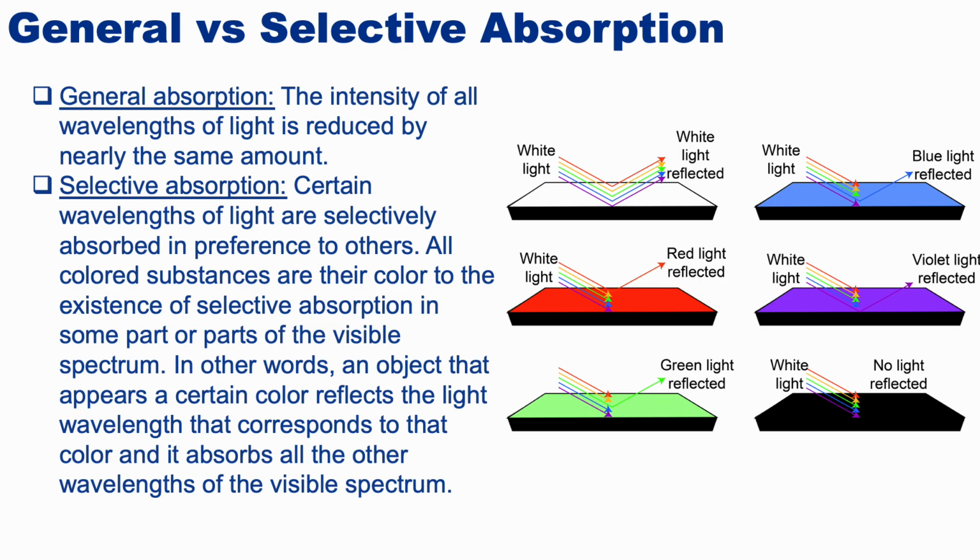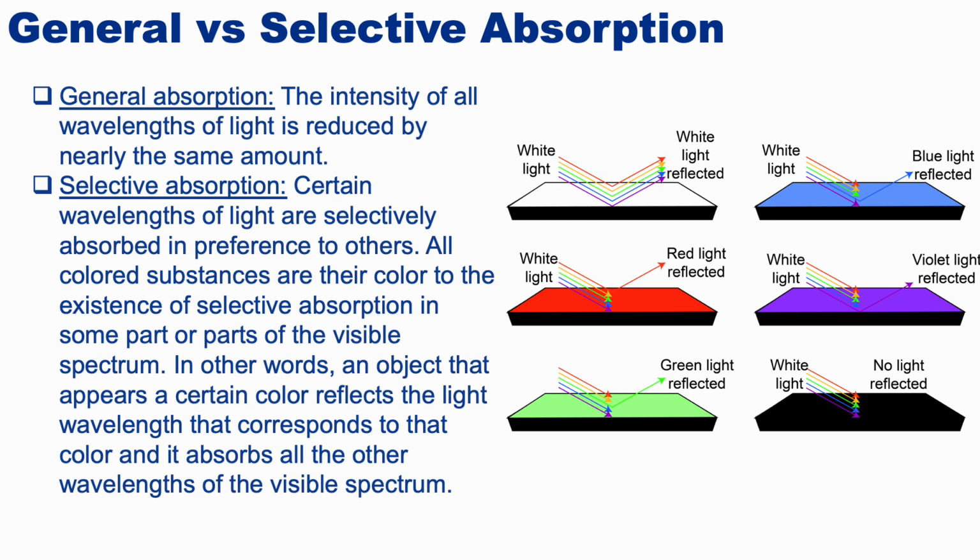I want to talk a little more about absorption, and especially I want to make a difference between general and selective absorption. General absorption is the same drop of intensity regardless of the wavelength. If we are losing 50% of the light, it doesn't matter if the incident light is green, red, or both of them.